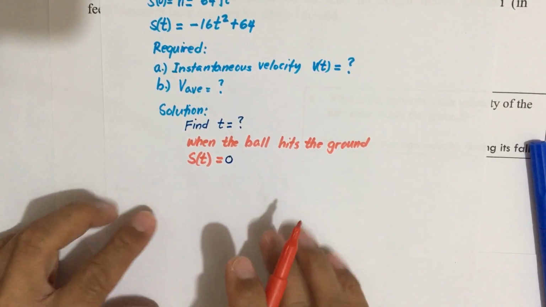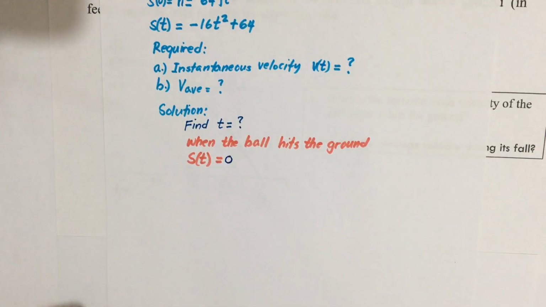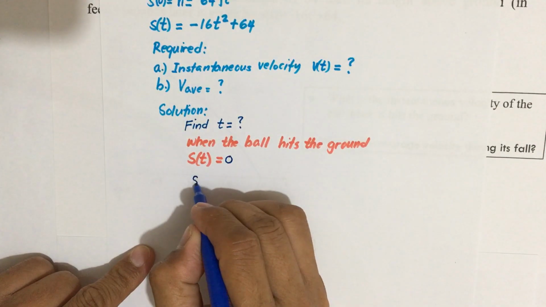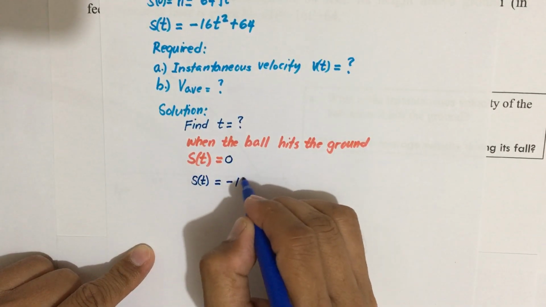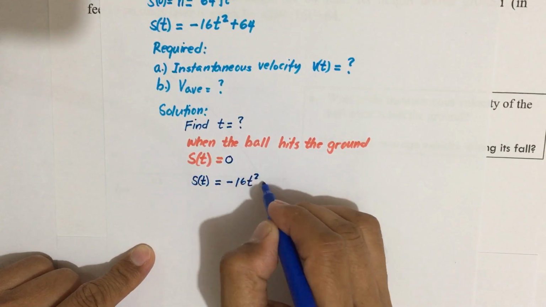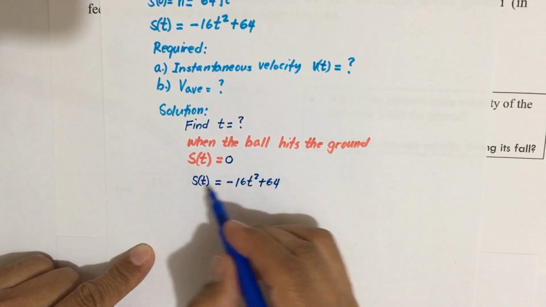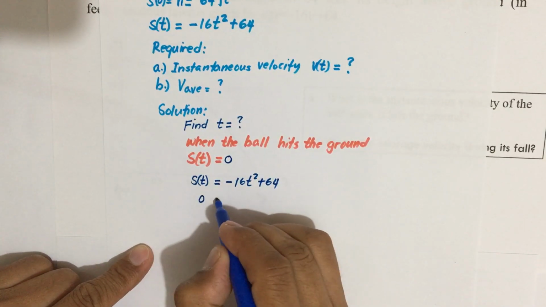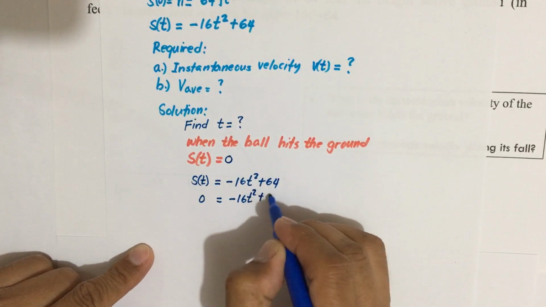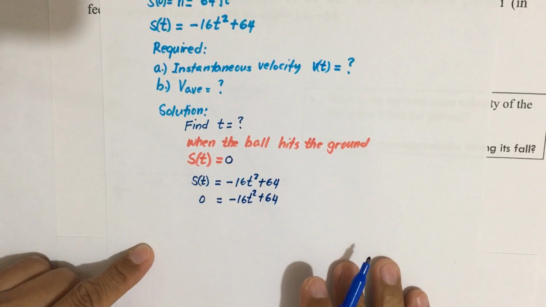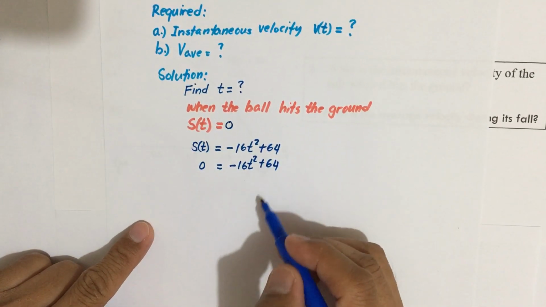Okay, so how to solve for the value of t? So we have the function above, given s sub t equal to minus 16t squared plus 64. So when the ball hits the ground, s sub t equal to 0. So 0 equal to minus 16t squared plus 64.